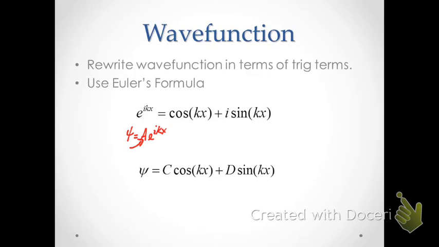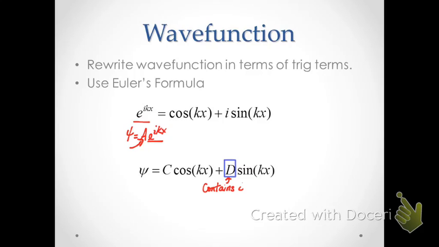But what we're most concerned about, of course, is e to the ikx. And so we see the comparison here with e to the ikx. We can write it as a sum of a cosine and a sine term. You'll notice that in this expression we've written for psi, there's no imaginary component, but we're going to assume that it's embedded within this constant d here.